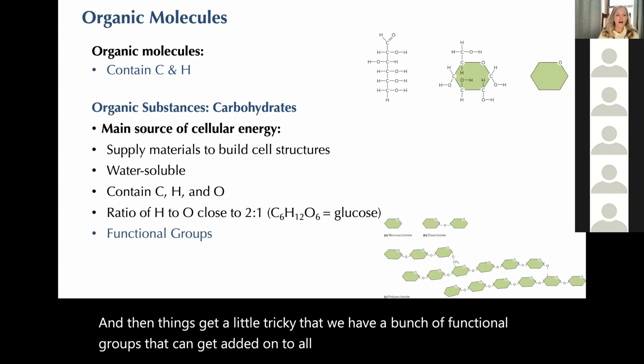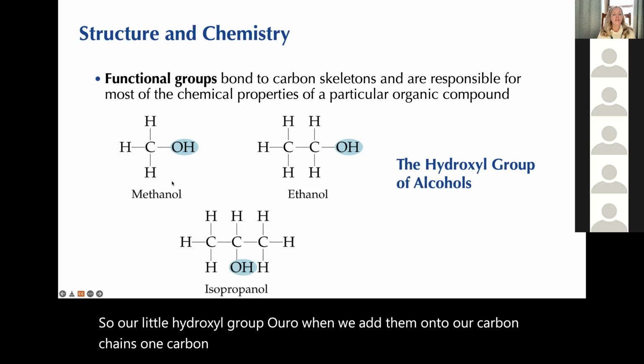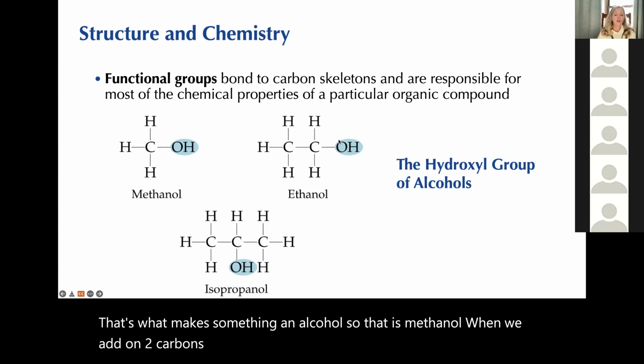Our little hydroxyl group, our OH, when we add it onto our carbon chains, with 1 carbon being the simplest, that's what makes something an alcohol. So that is methanol. When we add on 2 carbons and we just have the 1 OH group, it's the next biggest alcohol, or the second smallest alcohol really, ethanol.